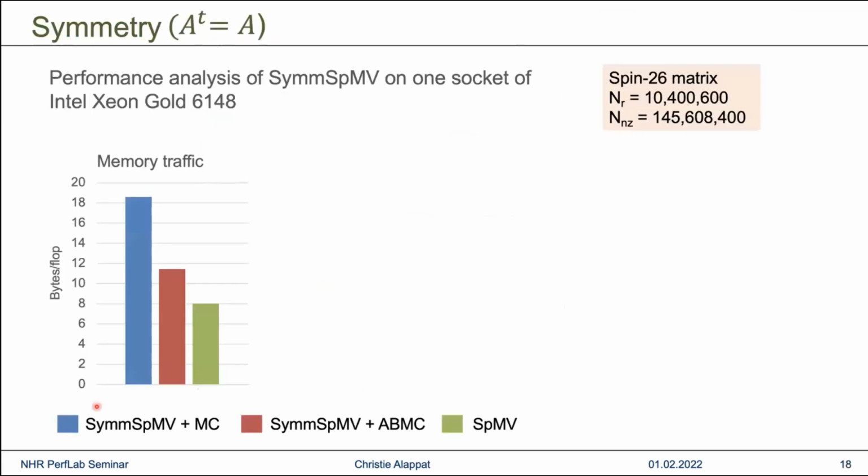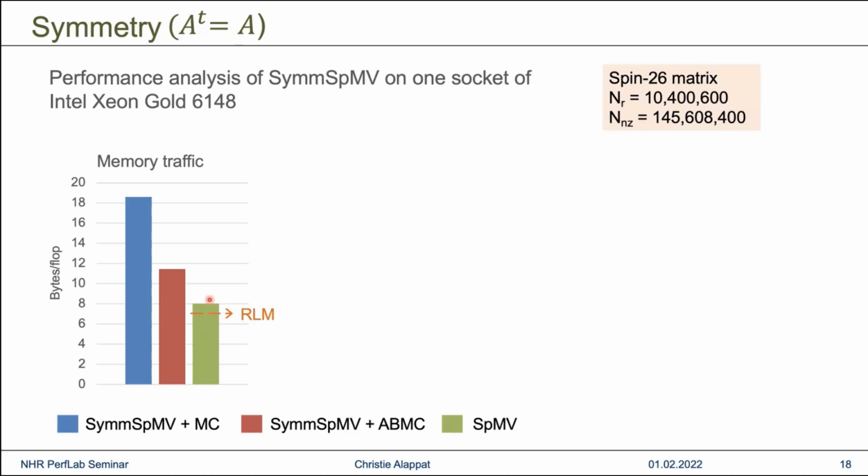For example, here we see the data traffic of symmetric SpMV on the Spin 26 matrix, which has almost 10 million rows. The green bar is the data traffic, or code balance, for the normal sparse matrix vector multiplication. The roofline model tells us we should be around 7 bytes per flop. We see here a measured 8 bytes per flop, which is okay.